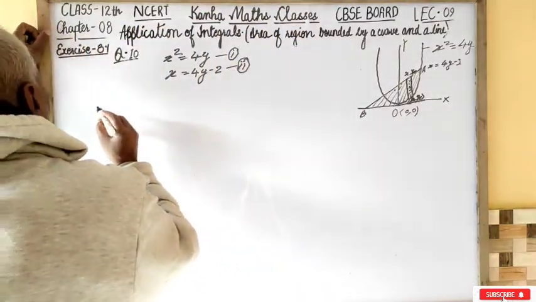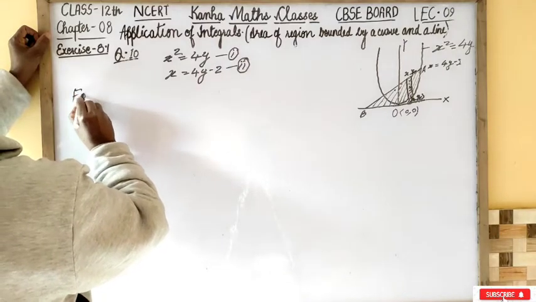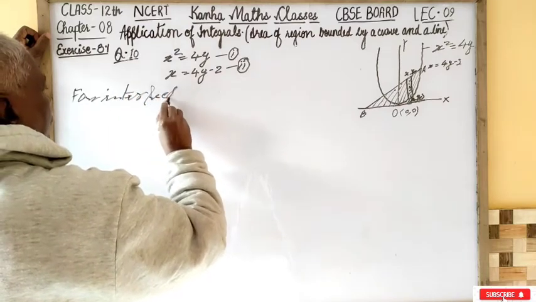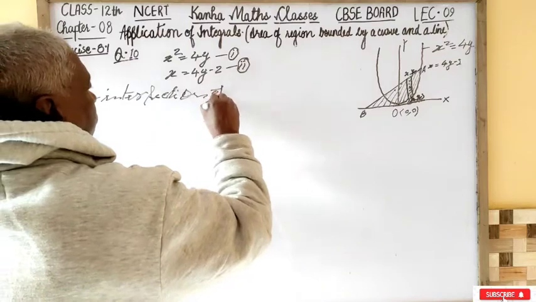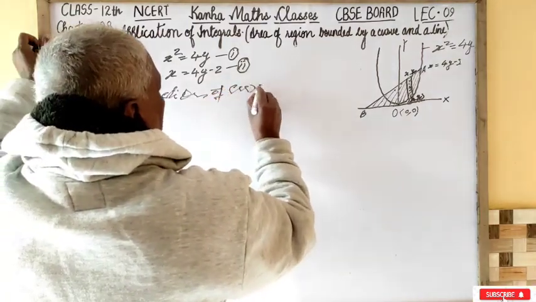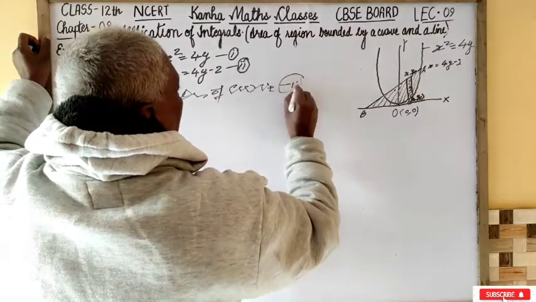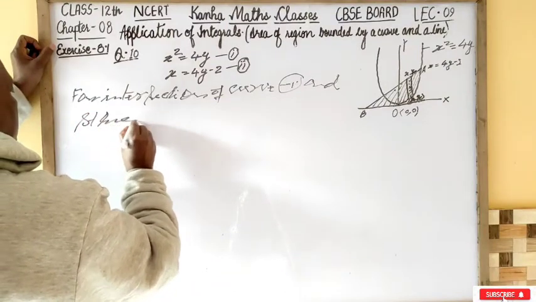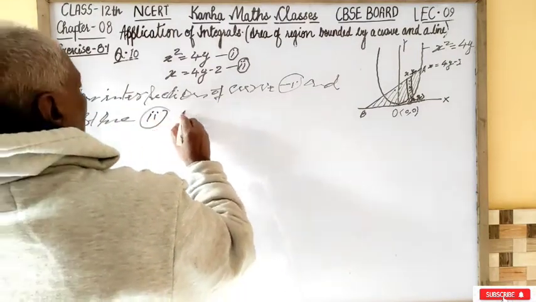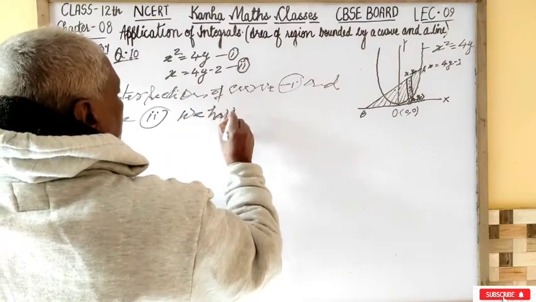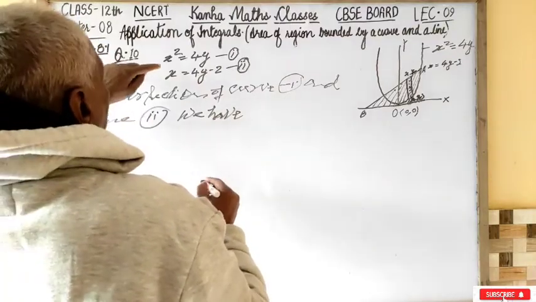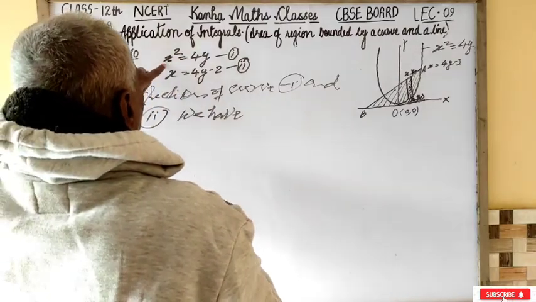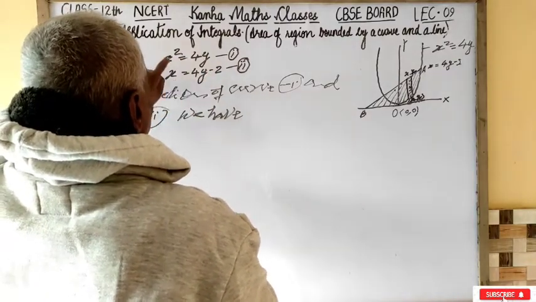Here, for the intersection of curve 1 and straight line 2, by these two equations, putting the value of x from equation 2 into equation number 1, we have x is equal to 4y minus 2 whole square.